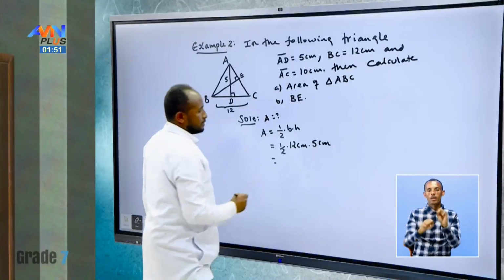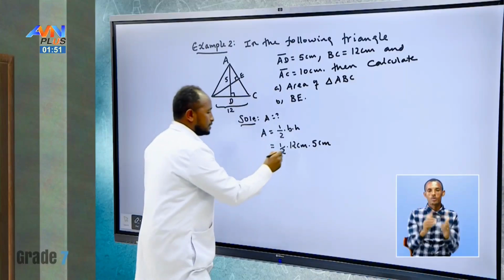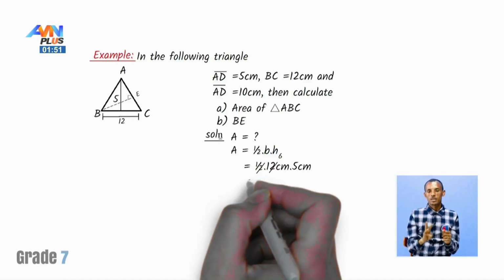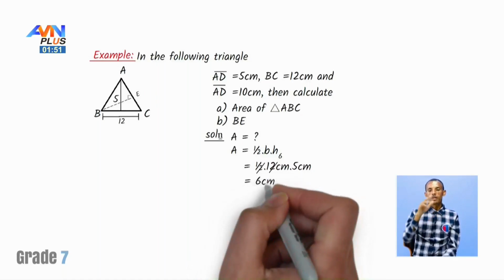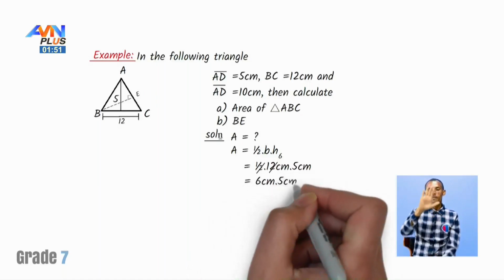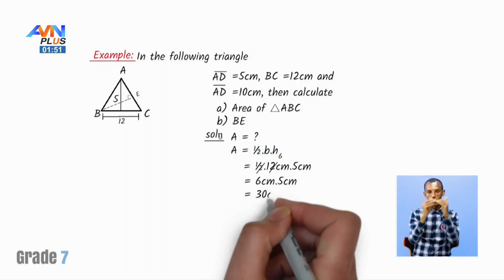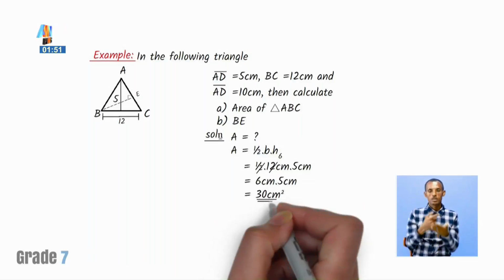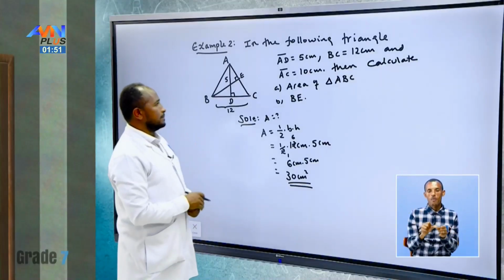You can cancel by 2, dividing both by 2, this becomes 1, this becomes 6. So 6 centimeter times 5 centimeter is 30 square centimeter. This will be the area of the triangle.